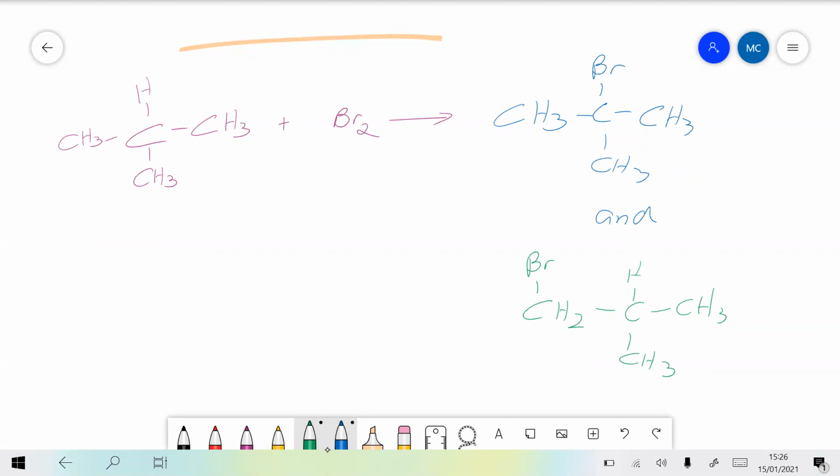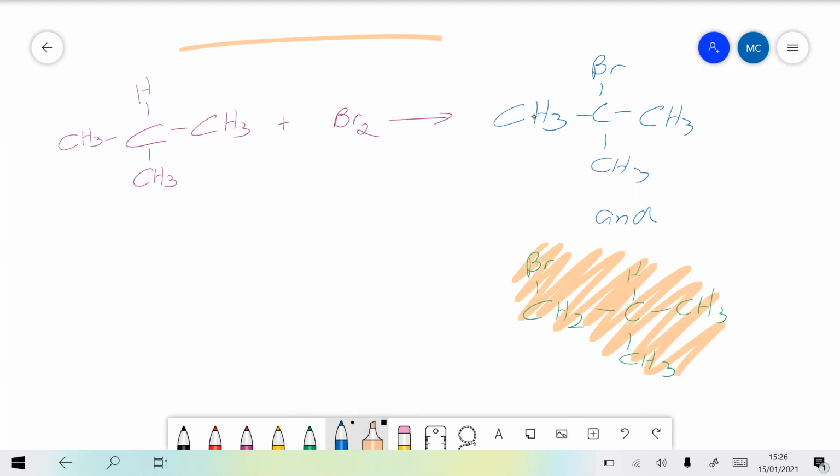Now, who would like to try and figure out which one of these two products is going to be most likely? I think it's the lower one. Gabriel thinks it's the lower one. What about the others?